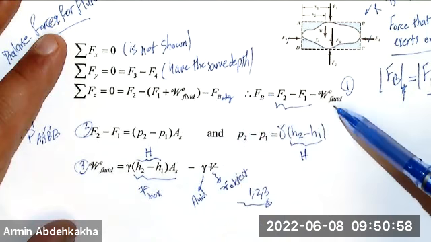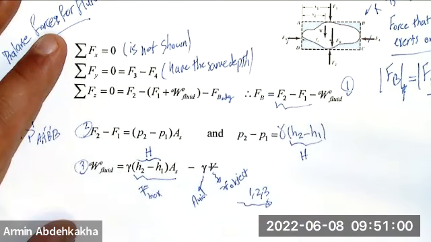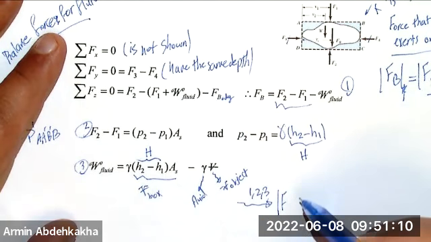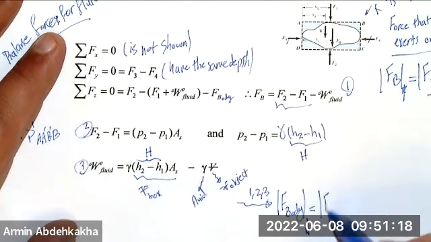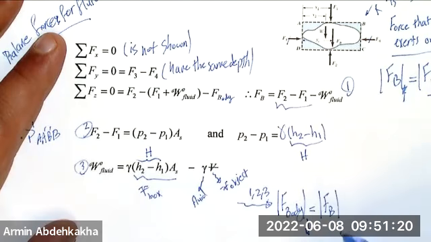We have W of fluid and we find W of fluid here. What will happen? The magnitude of F of body from equation 1, which we know is downward, is equal to the magnitude of F of buoyancy, which is upward, right?